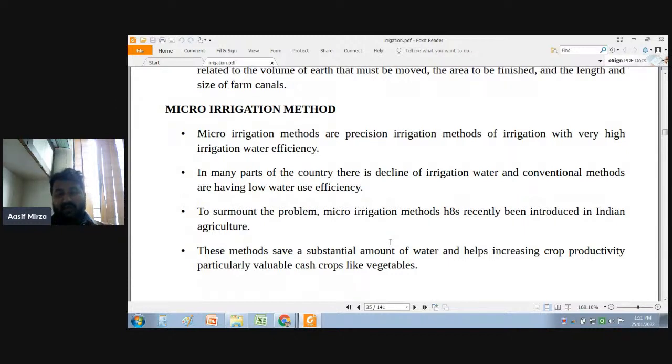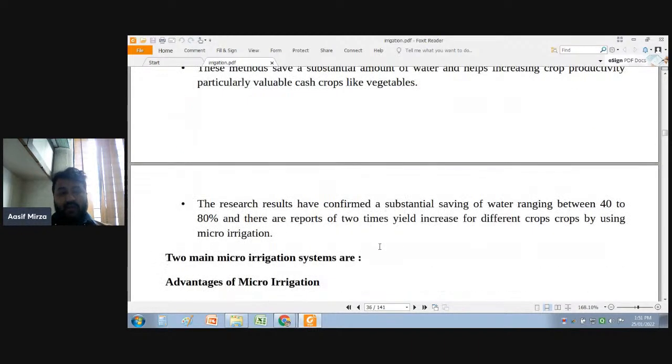These methods save a substantial amount of water and help increase crop productivity, particularly of valuable cash crops like vegetables. Research results have confirmed a substantial saving of water ranging between 40 to 80%, and there are reports of a 2 times yield increase for different crops by using micro irrigation.